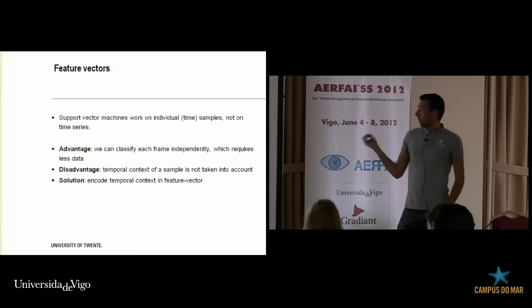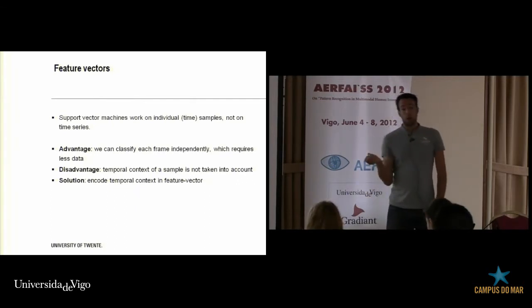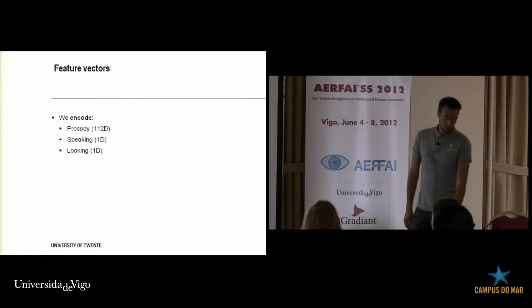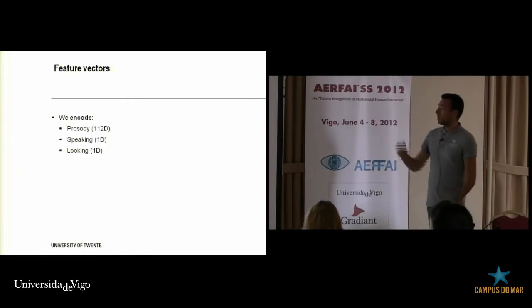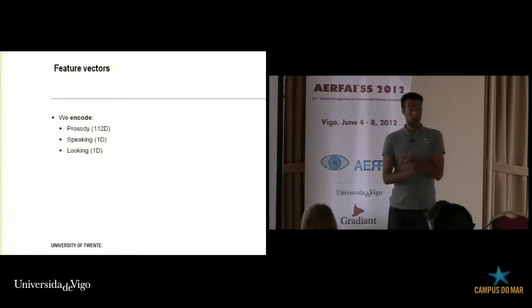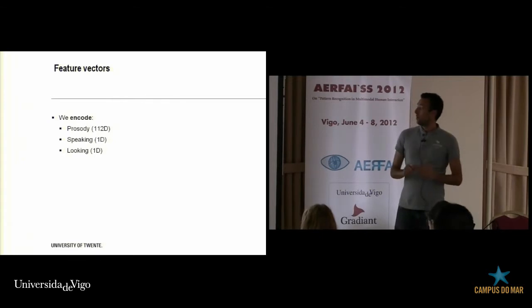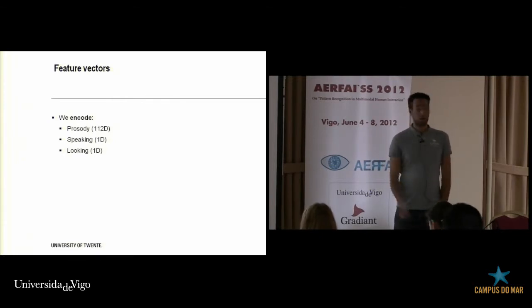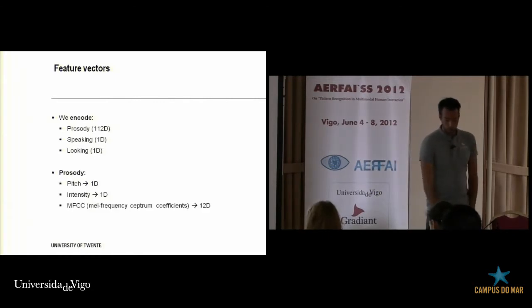There's a solution to that, because we can encode time in the features instead of in the model itself. And that's exactly what we're going to do. Again, we're going to look at prosody, speaking, and looking, gaze. For prosody, we're going to use a 112-dimensional vector. Speaking is binary, and looking is also binary.